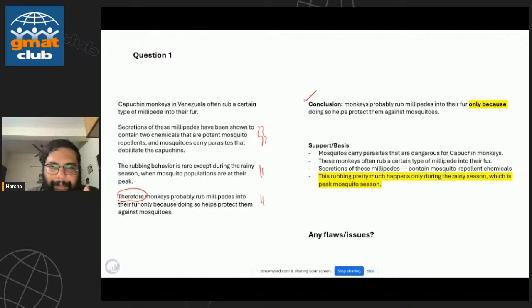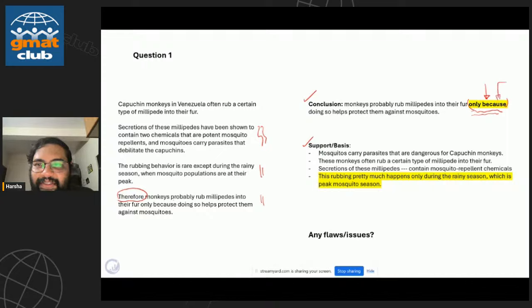So again, your process starts with being very clear on what's the conclusion, what's the support. The conclusion is that the monkeys probably rub millipedes into their fur only because doing so helps them protect themselves. If you really focus on visualizing the conclusion exactly, because if you just casually read through this in a tougher question, you will miss these kinds of words.